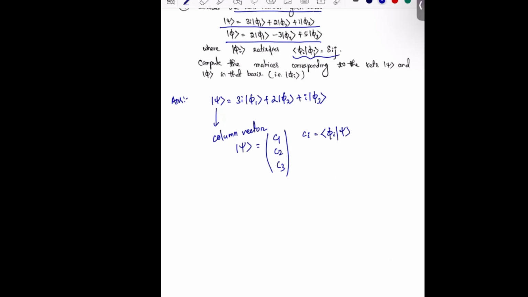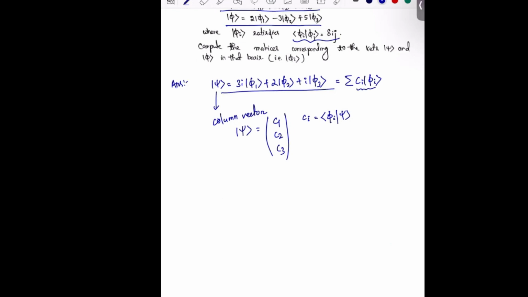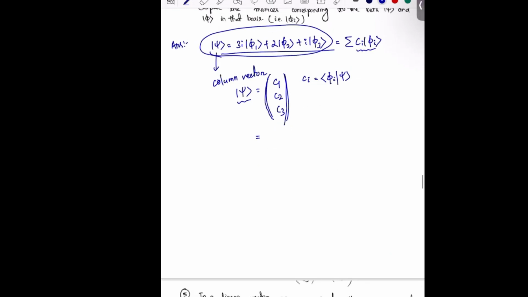So this equation can be written as a summation of c i phi i, a linear combination of this orthonormal basis. When you want to represent this state in terms of matrices, you just have to represent the ket vector as a column vector and write the coefficients c1, c2 and c3.